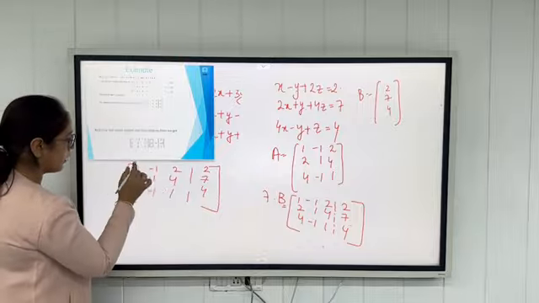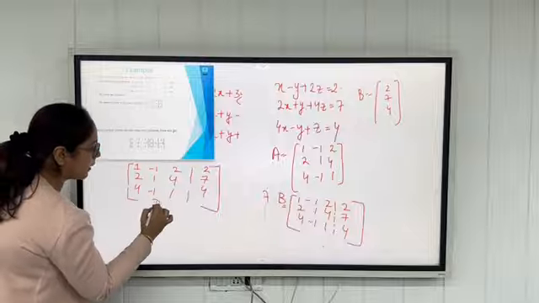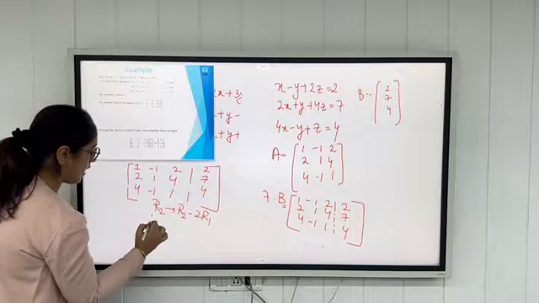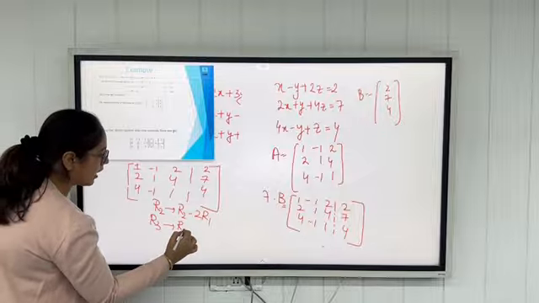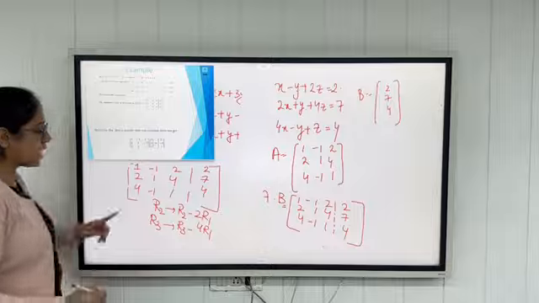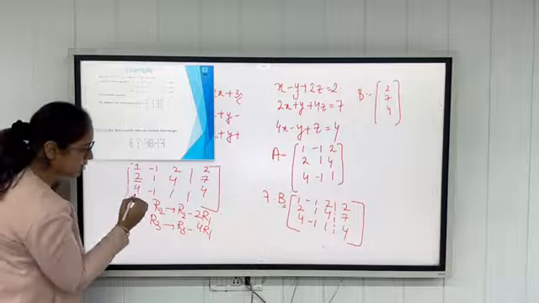Sorry, here it is 1. I will apply the operations R2 minus twice R1 and R3 minus 4 times R1, because I have to convert these two entries into 0.